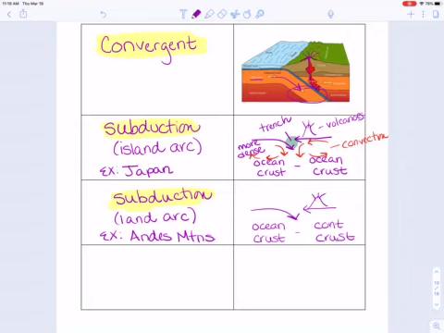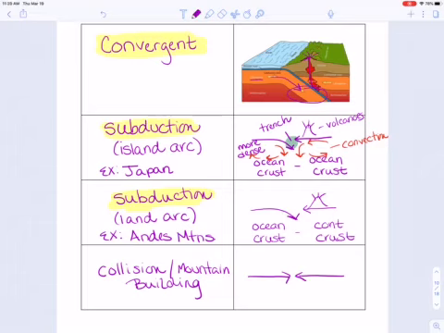So we also have something called collision, and sometimes it's referred to as mountain building. It's with continental crust meeting continental crust. Neither is going to subduct underneath the other. They collide, and they're going to buckle on each other.